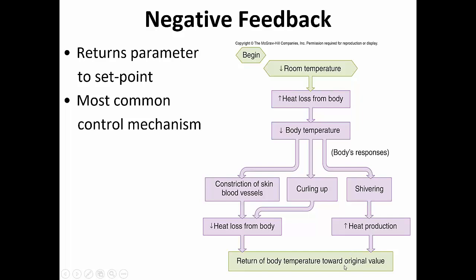Hopefully the end result of all these activities is that the parameter returns to the set point, and so the body temperature returns to the original value. This is the idea of negative feedback. And we observe negative feedback frequently within physiology in the maintenance of various physiological parameters found within the body.